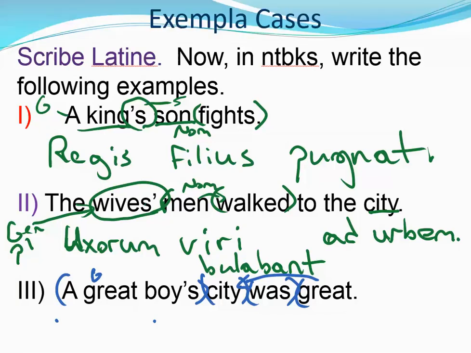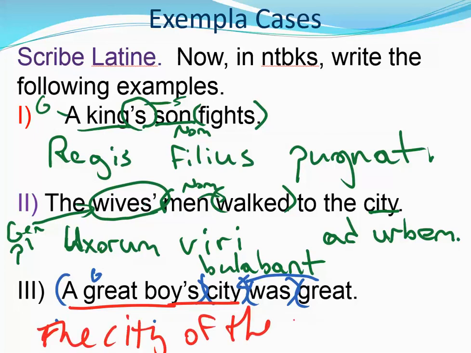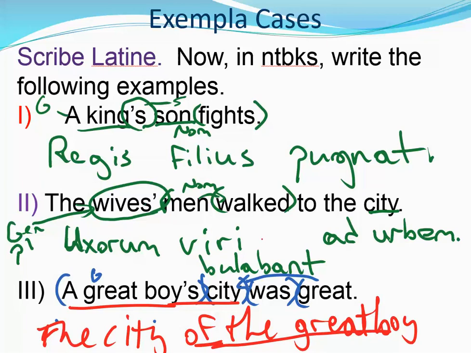So instead of saying a great boy's city, I could say the city of the great boy in English. So if you see that in English, the of the great boy, or the men of the wives, or the son of the king, that's still genitive.